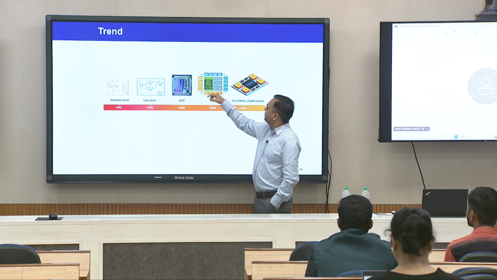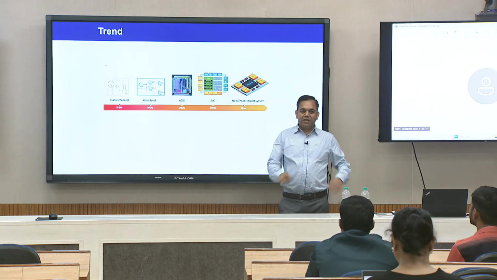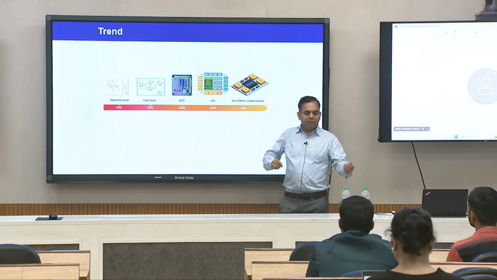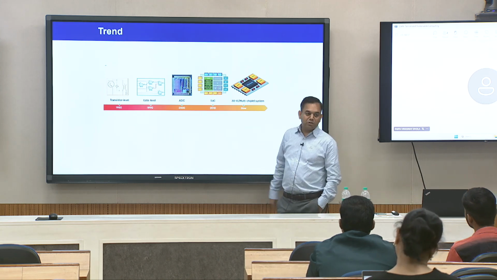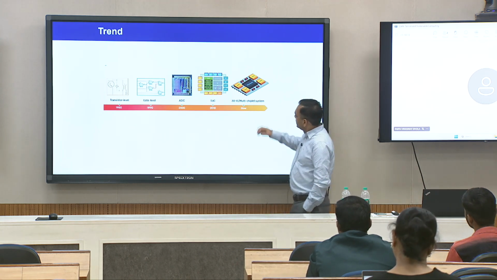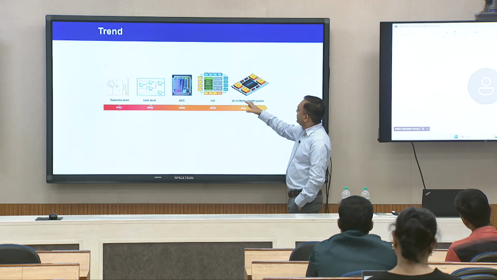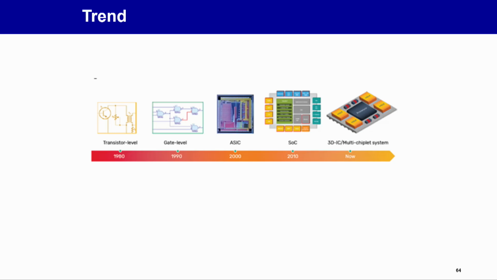At the moment we are at system on chip, whatever we discussed, the chip in the phone, laptop, everything is a system on chip. But in future, it is predicted there will be something called a multi-chiplet system or 3-dimensional integration. I will come to what exactly a multi-chiplet system is.